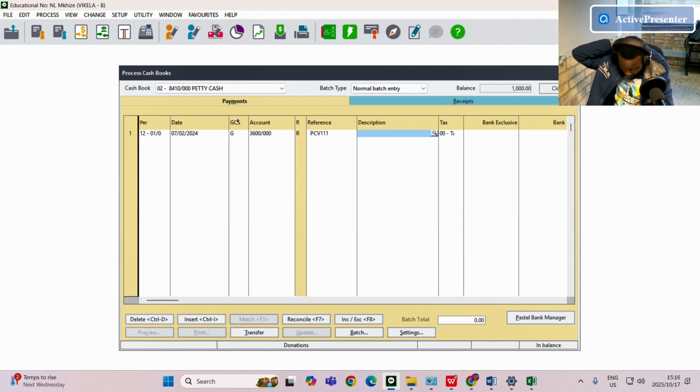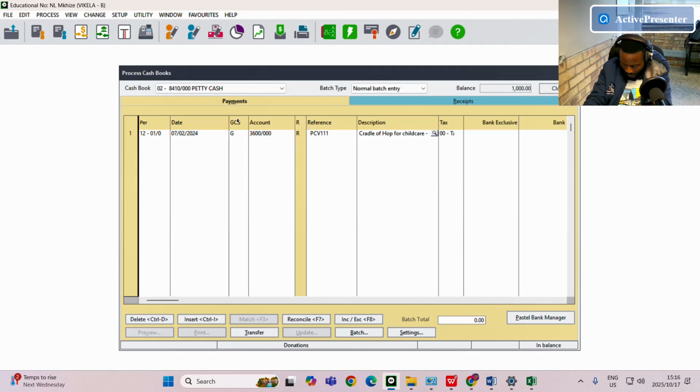Then I need to put the name of the payee, the person or the business who received the donation. So in this case, I'm just going to say Cradle of Hope for childcare, and I'm just going to write dash.